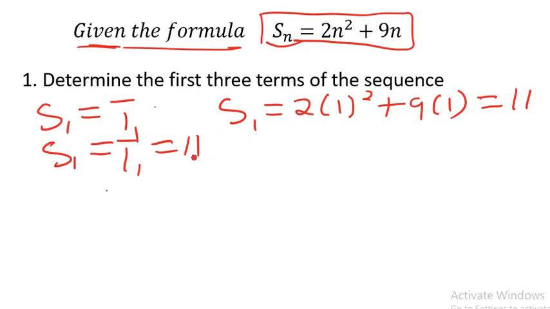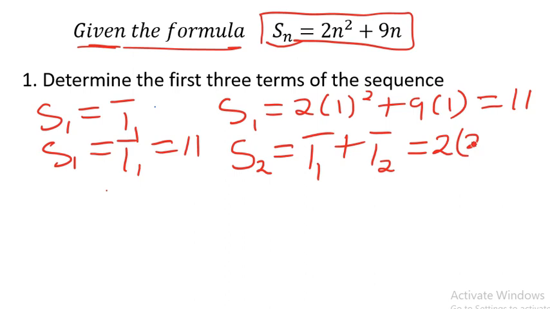So we need T2 now. We do it the same way, with the sum of two terms, T1 plus T2. We substitute again: where there is N, we write 2.